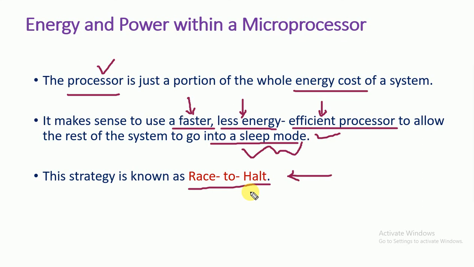I hope the portion is clear. We are not going into a very detailed description of these topics. We are only giving an awareness of the major designer point of view.